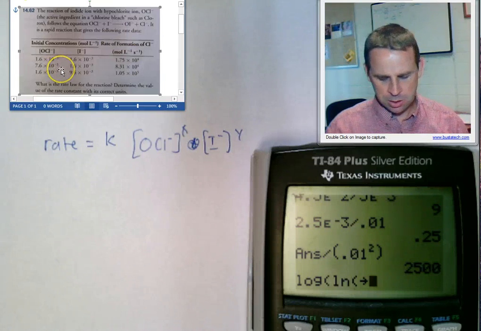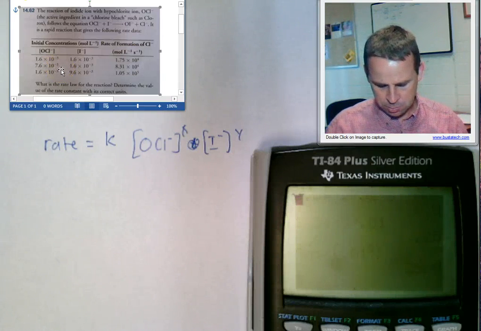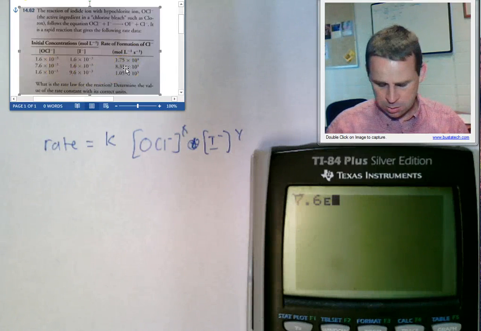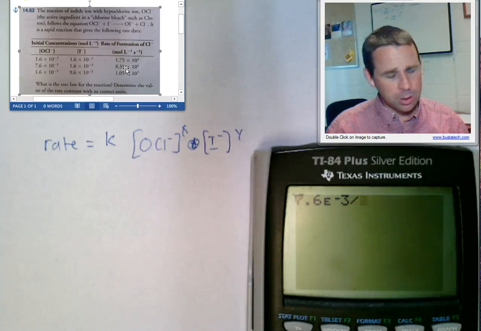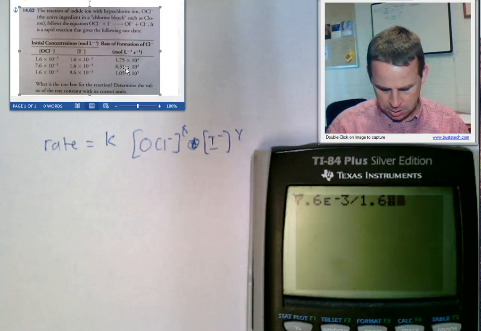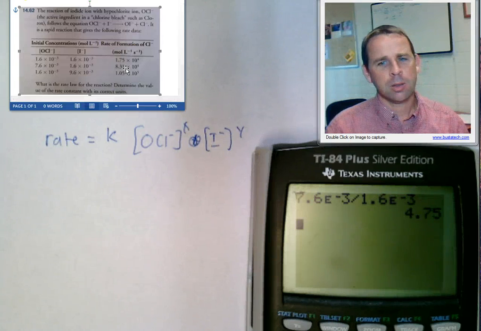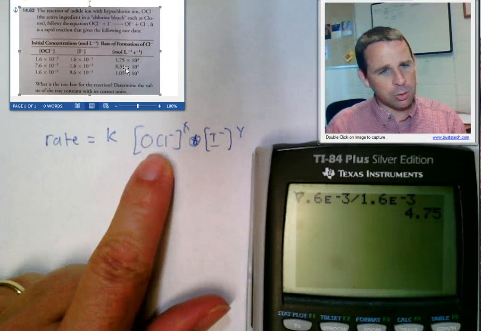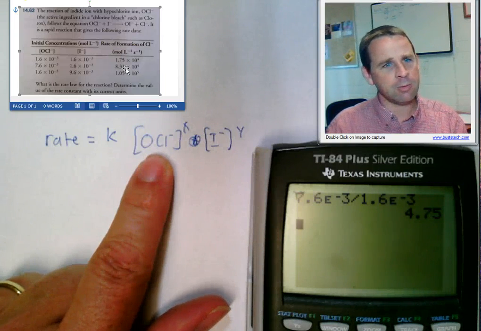Let's see, how much do we change it? If I take the high concentration, which is 7.6 times 10 to the minus 3, and divide that by 1.6 times 10 to the minus 3, that's 4.75. So I augmented the concentration of the hypochlorite ion 4.75 times.